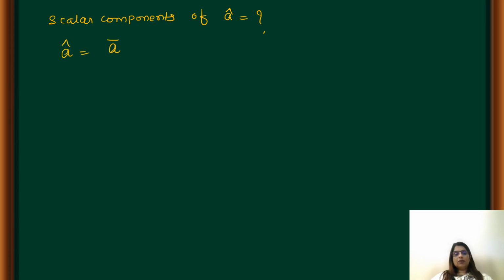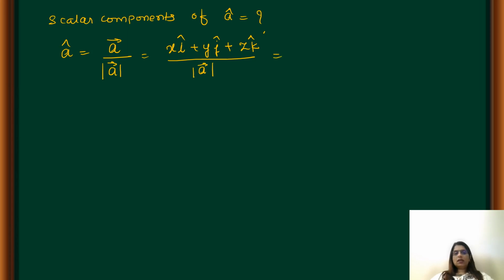Can I say a cap is equal to a vector by magnitude of a vector? Correct? Which is equal to x i cap plus y j cap plus z k cap divided by magnitude of a vector.